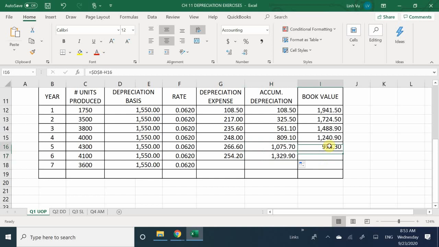And lastly, what is my book value for the sixth year? 720.10. All right. Last one. What's my depreciation expense for the seventh year?